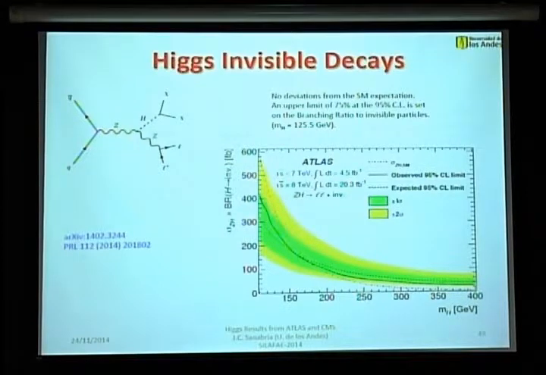In the case of ATLAS, the upper limit to the branching ratio for that kind of decay is 75%. In the ordinary standard model, the invisible decay comes from Higgs going to ZZ that goes into neutrinos, and that has a small branching fraction on the order of 0.12%, if I am not wrong. So if you were to see some signature in there, it would definitely point towards something beyond the standard model.